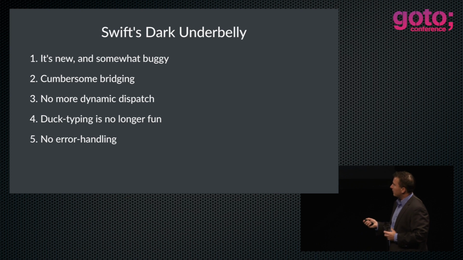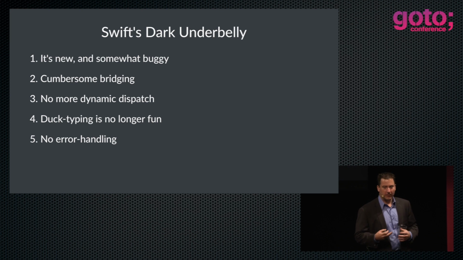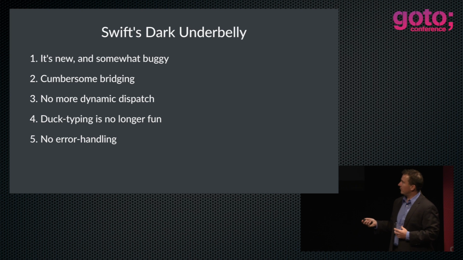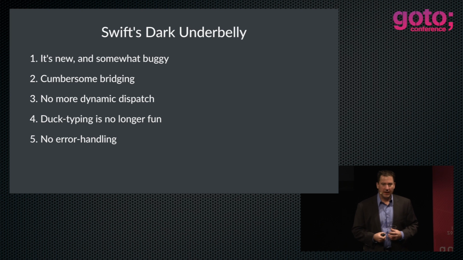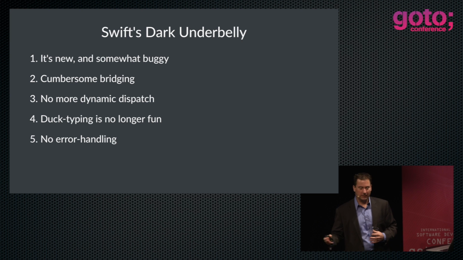There's no more dynamic dispatch. One of the things that Objective-C people often like about their language is that it's extremely dynamic. You pass messages to objects rather than invoking methods, and you make heavy use of duck typing. You can have an object, and you can pass a message that you don't necessarily know if it will receive or not, and maybe it can proxy that method somewhere else.